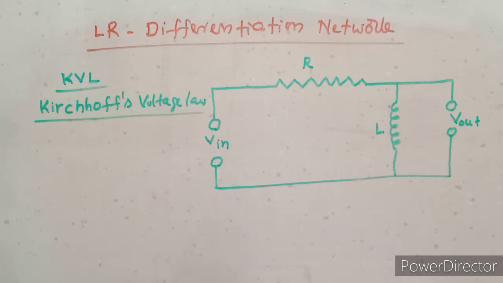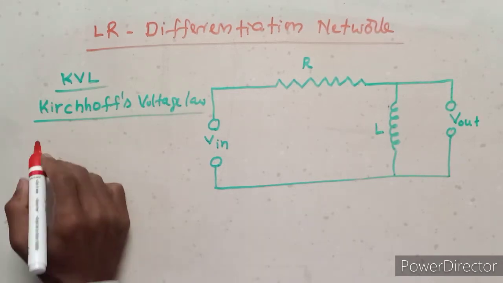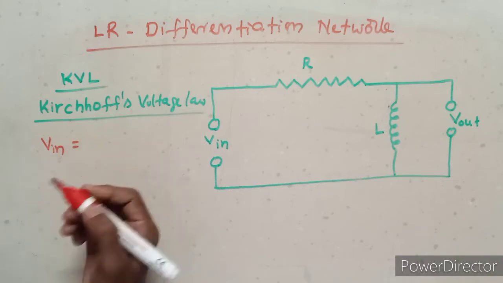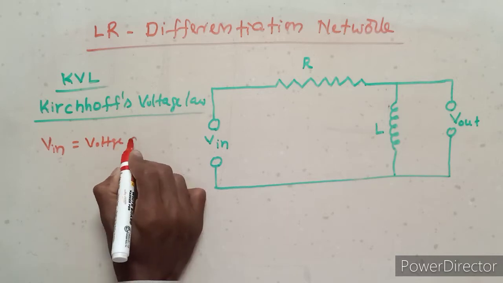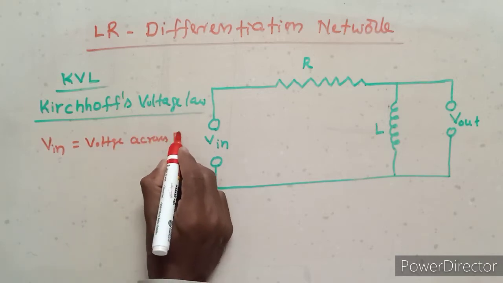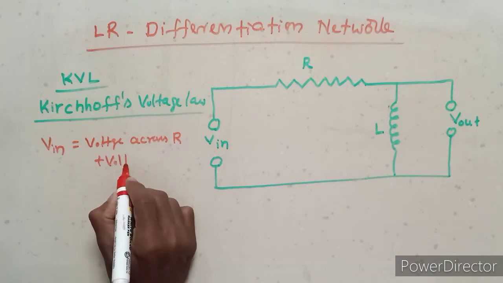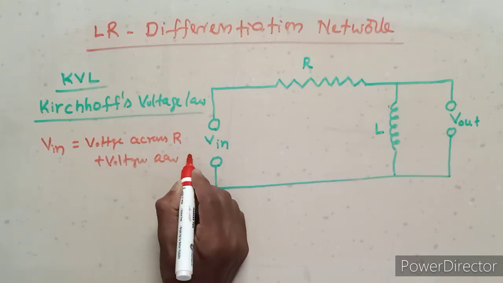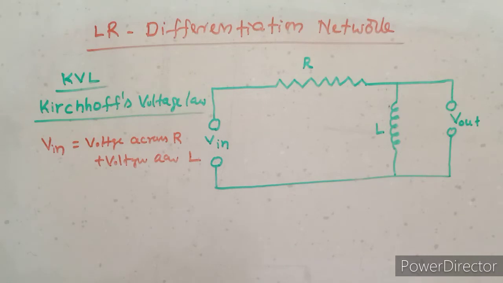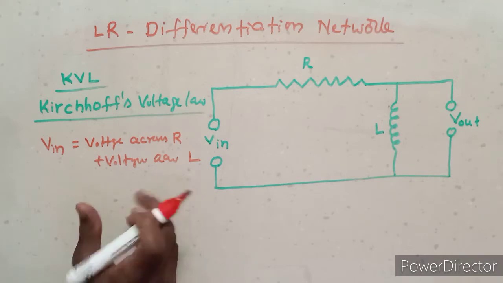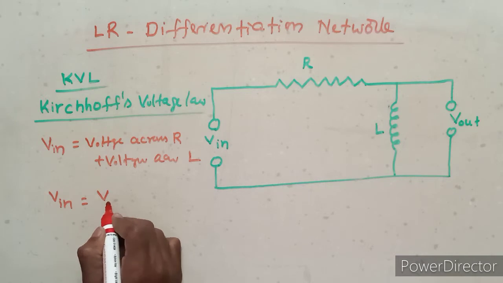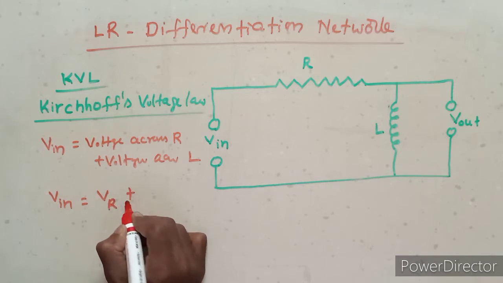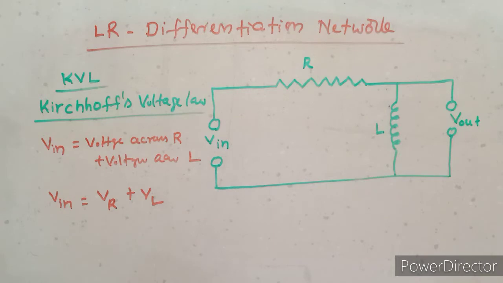Kirchhoff's voltage law: input voltage equals the voltage across R plus the voltage across L. So this equation can be written as input voltage equals voltage across R plus voltage across L.